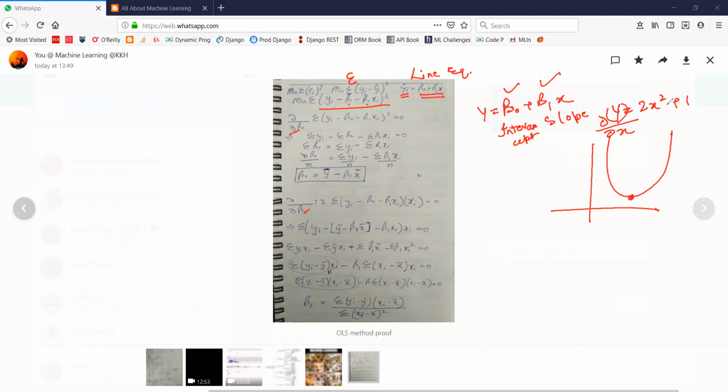This will be your 4x. You do the differentiation, set it equal to 0, and then you arrive at the minimum value. Same thing we are doing here. We differentiate in terms of b naught and b1, equate it to 0 and solve these equations. Once you solve this, you will get the values of b naught and b1. That's it.